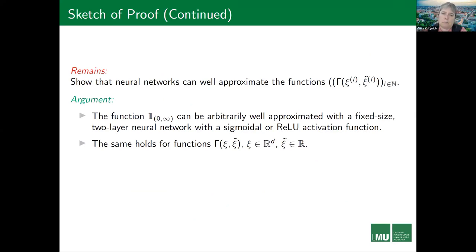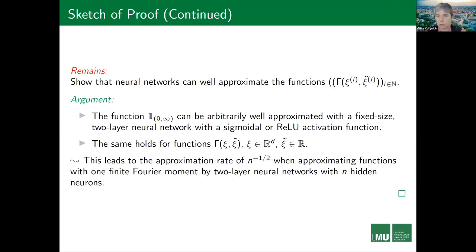And then from that, you can get an approximation of the entire function, and that leads to this rate n to the -1/2. So here basically you go through this random sampling to get this approximation rate which you want, namely one which is independent of the ambient dimension and only depends on n.